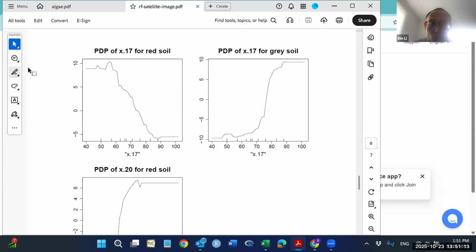Does that make sense? So you can see there is a decreasing trend when the x17 reading increases, right?